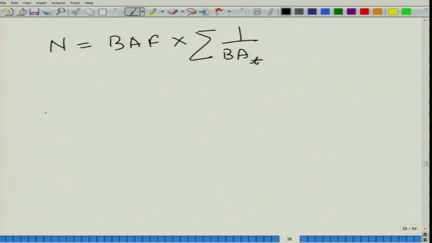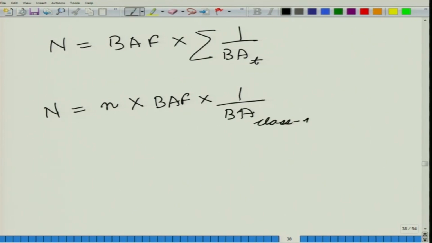Similarly, the number of trees in a diameter class is given by n, that is the number of tally trees, multiplied by the basal area factor multiplied by 1 upon the basal area of the class mark. So if we have a class of say 10 to 20, the class mark is 15, and suppose we have 3 trees.